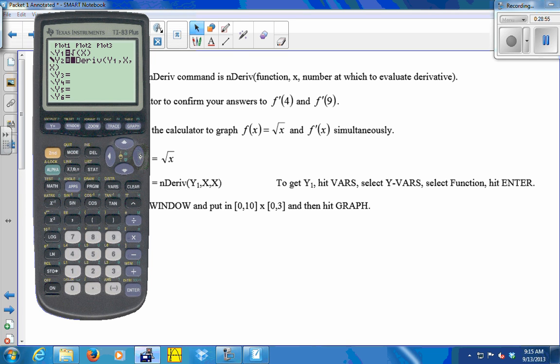All right, so for window, that should be fine because I already know what the derivative function looks like. So I've got my square root x function and my derivative function.